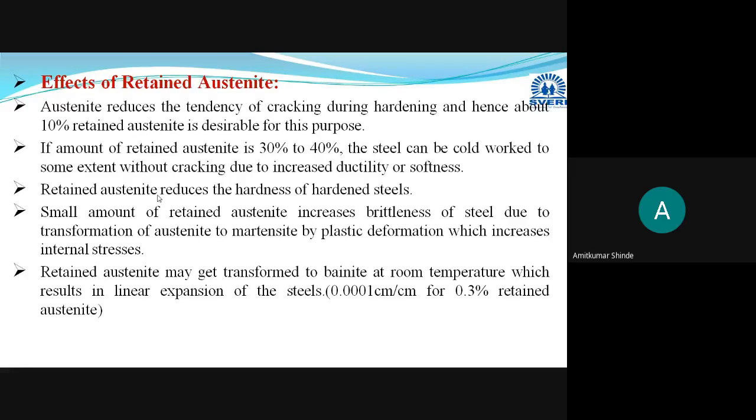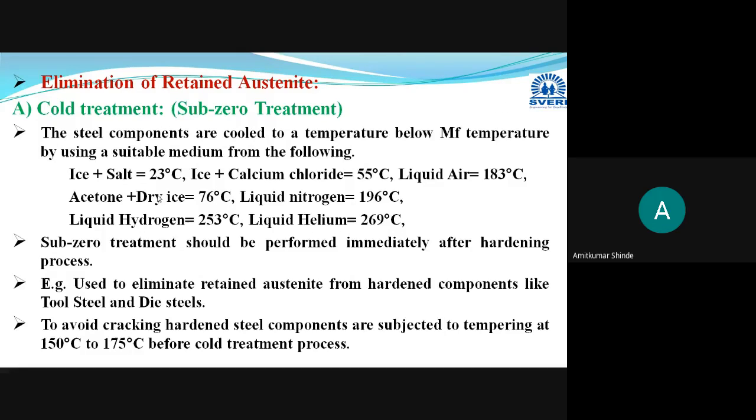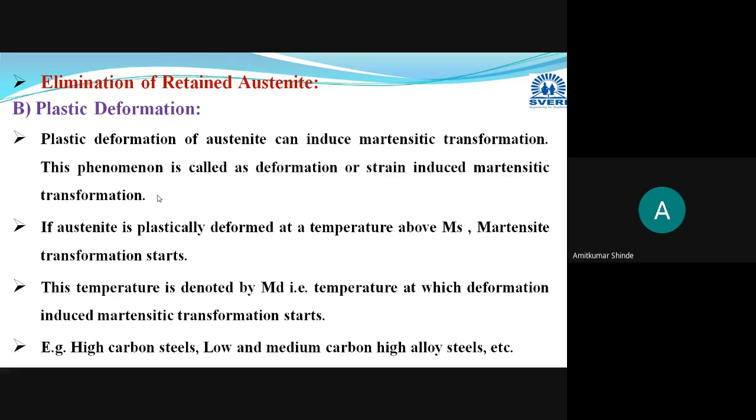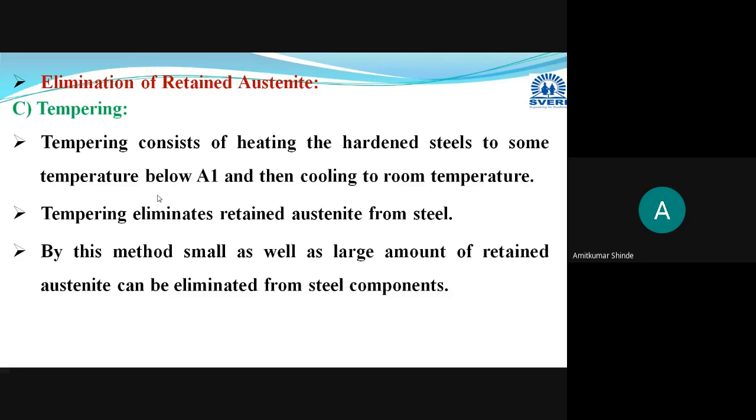To eliminate the retained austenite present in the steel component, three methods are used: the cold treatment, also known as the sub-zero treatment, then plastic deformation, and tempering. These three methods are there to eliminate the retained austenite.